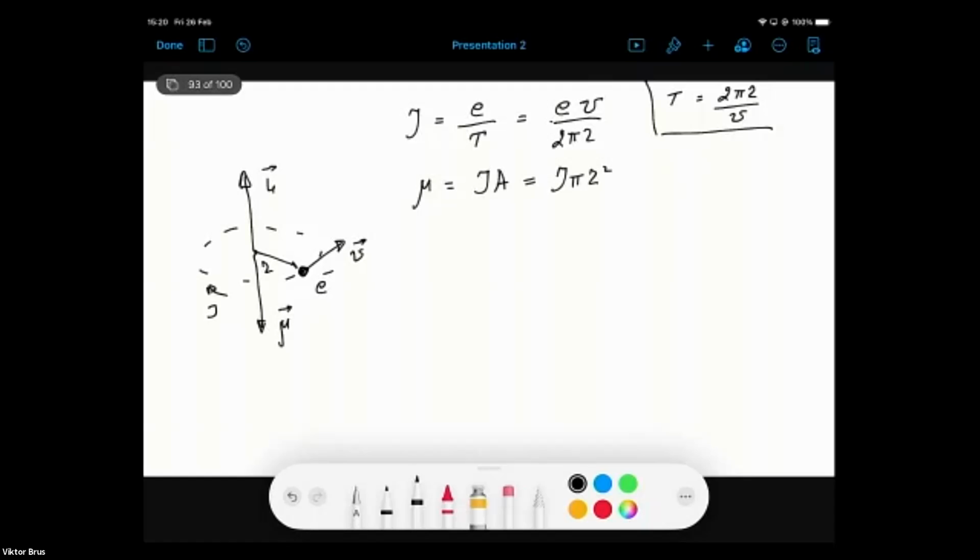So now instead of I, we can substitute its expression. The magnetic moment is equal to e times v over 2 pi r times pi r squared. So this is equal to e times v times r over 2.